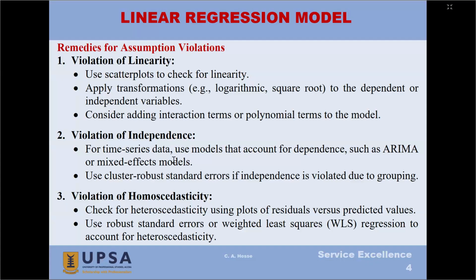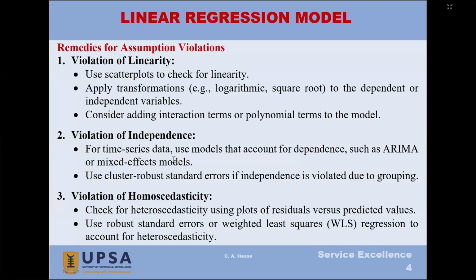Then there's violation of independence, and then you can use a time series. We'll be looking at time series maybe next week or in our next lecture. That's when you are looking at longitudinal data instead of cross-sectional data. So linear regression is for cross-sectional data, while time series is for longitudinal data.